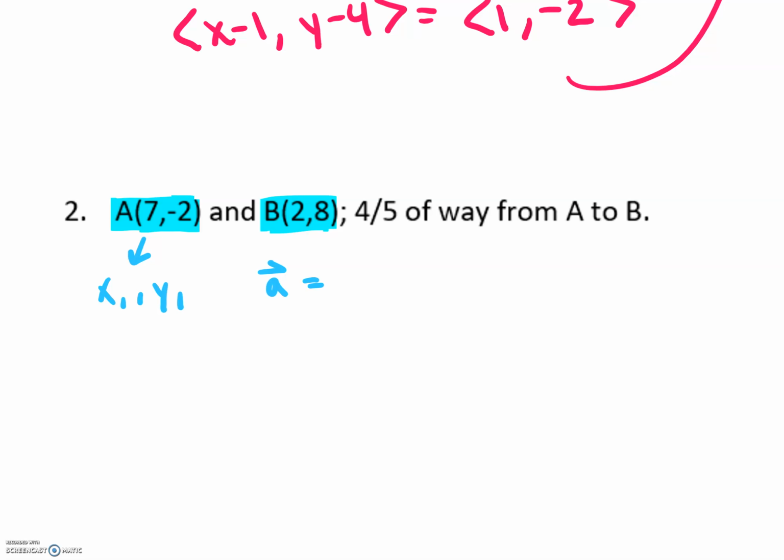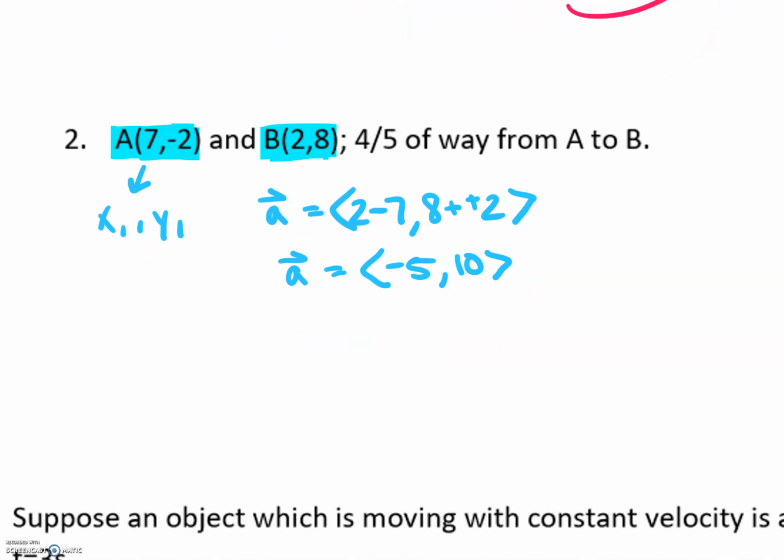I'm going to start with point B though, so it's going to be 2 minus 7, and then 8 minus negative 2. So my direction vector is going to be <-5, 10>, since the double negative will turn to a positive. Now it's saying it's 4/5 of the way, so my parameter t is going to be 4/5.